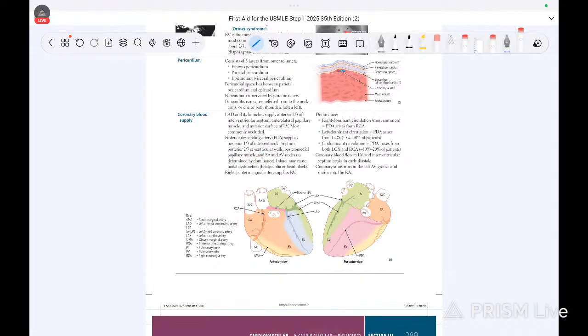An infarct of this may cause nodal dysfunction, bradycardia, heart block, etc. So if there is bradycardia and a sign of myocardial infarction, we can think it can be a PDA occlusion. Next, there is the right acute marginal artery. It supplies the right ventricle.